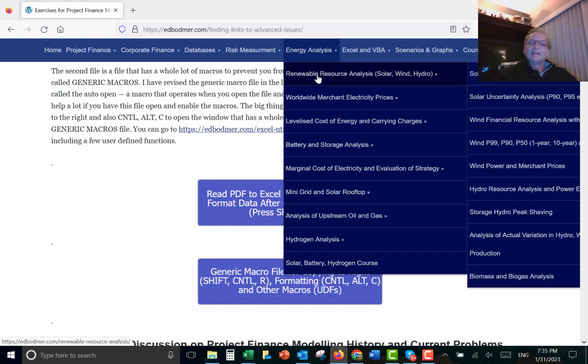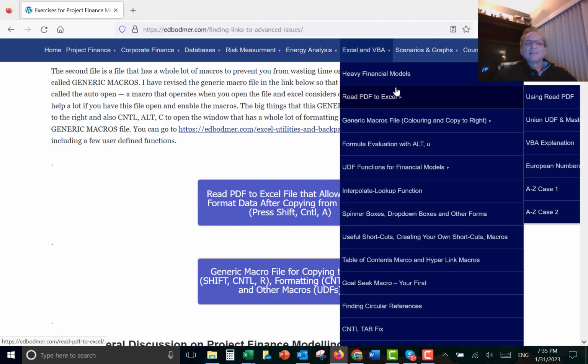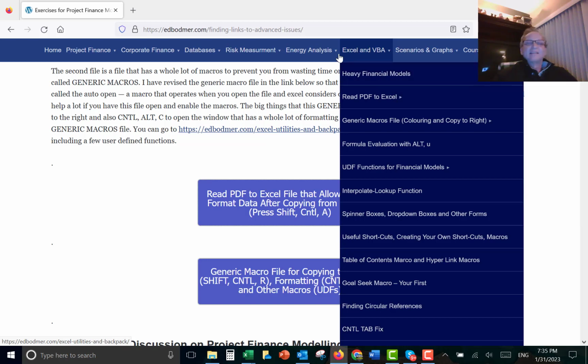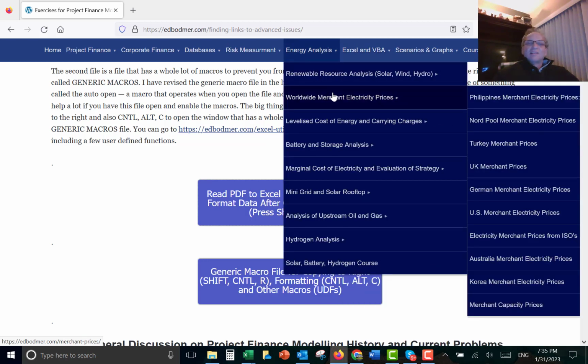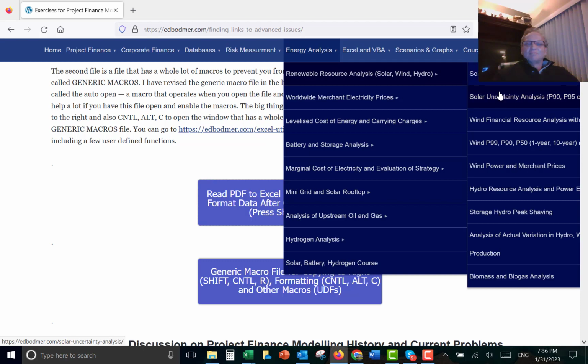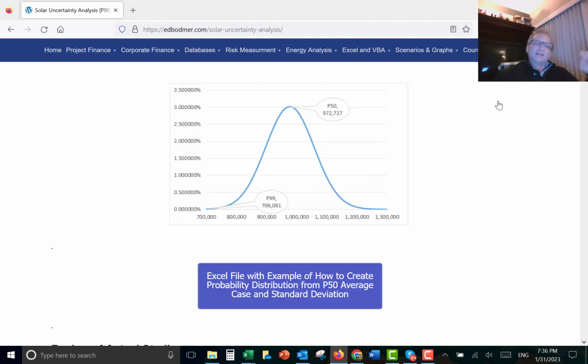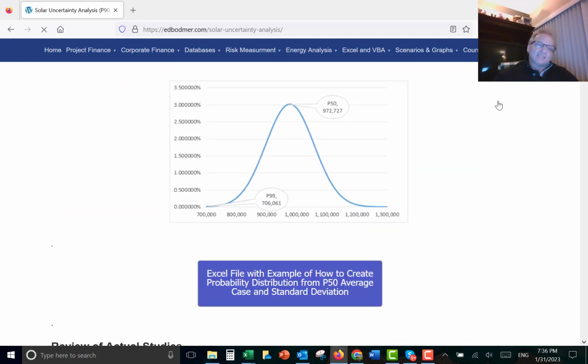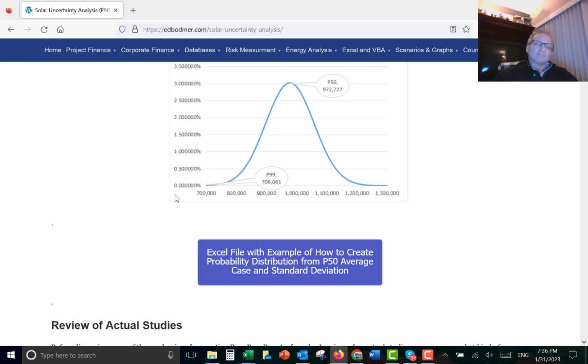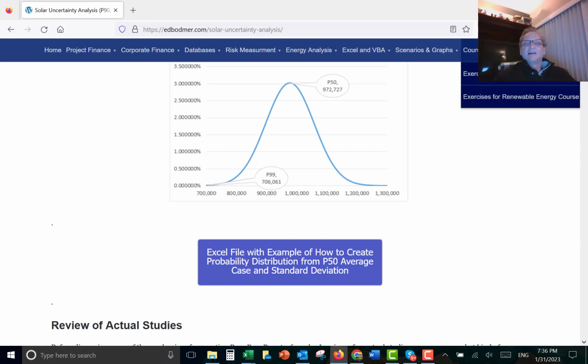If you go to energy analysis, because this is more like a class, and if I go a little longer, I don't really care. I'm not going to put myself under more stress. So if you want to make a little graph like this, you can find a file and put your standard deviation and get all of that done. Okay, I'll go back to our course now.